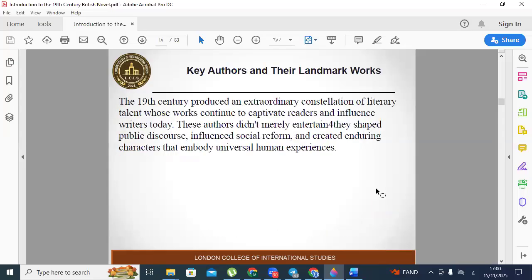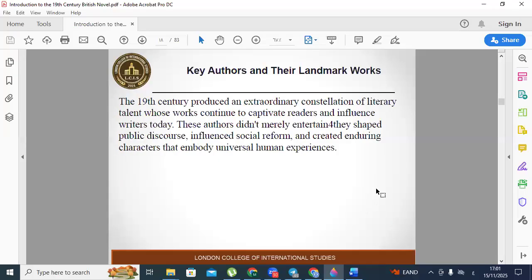Key authors and their landmark works. The 19th century produced an extraordinary constellation of literary talent whose works continue to captivate readers and influence writers today. These authors didn't merely entertain. They shaped public discourse, influenced social norms, and created enduring characters.